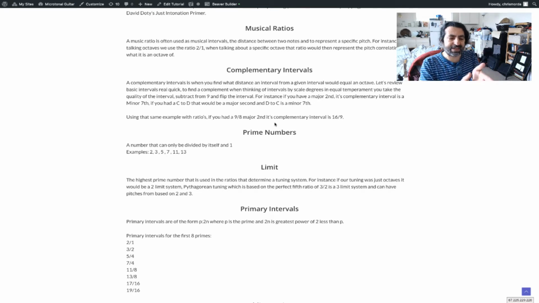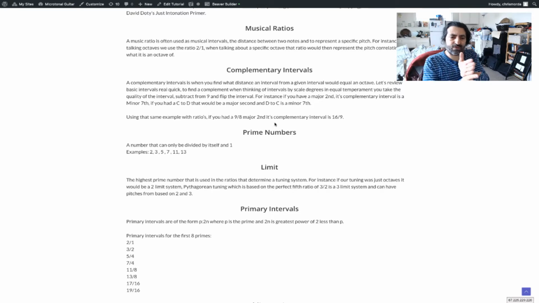Now from D to the higher C is some sort of seventh. In equal temperament, when we're looking at our basic intervals, we're using an 8-note system, right? C, D, E, F, G, A, B, C. 8 including the octave. And so 1 plus 8 equals 9.